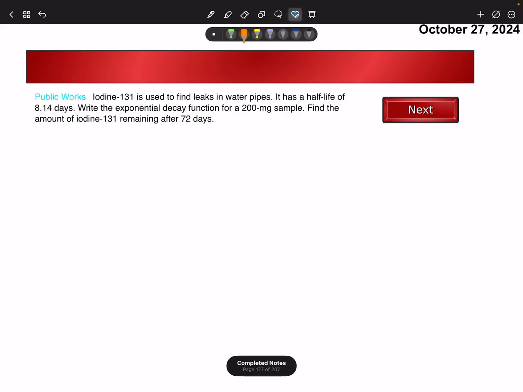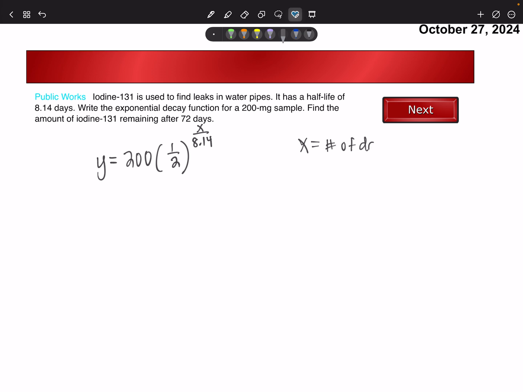Okay, welcome back. We have a function of y equals 200 times 1/2 raised to the x divided by 8.14, where x is equal to the number of days after initial sample.